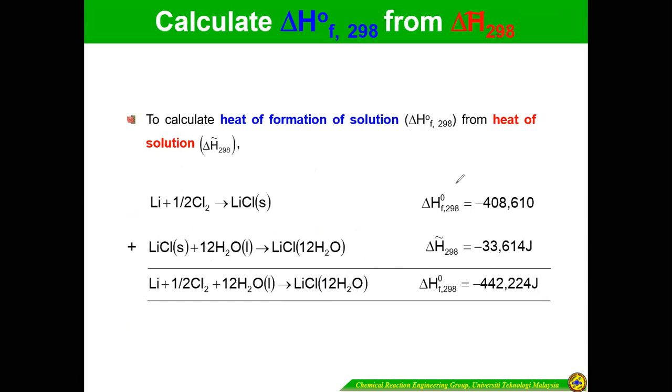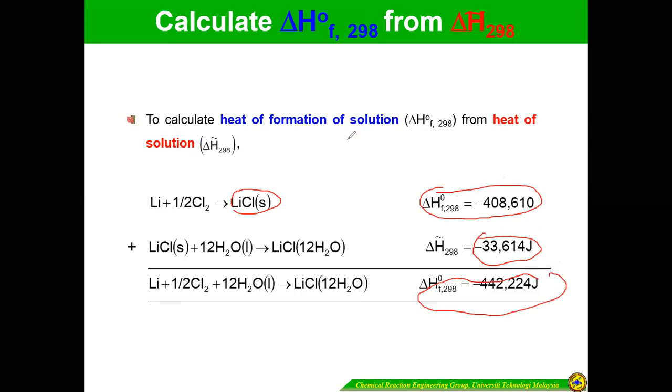This one is only for lithium chloride. The delta H formation is given as -405. From the graph, we can then calculate the heat of solution. If you want to calculate the heat of solution from the heat of formation, it is also possible.